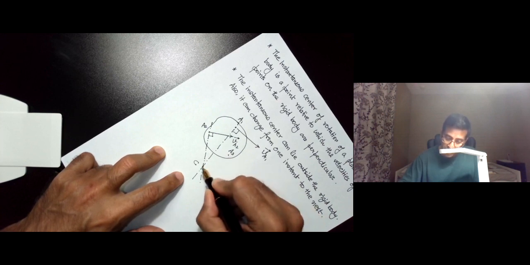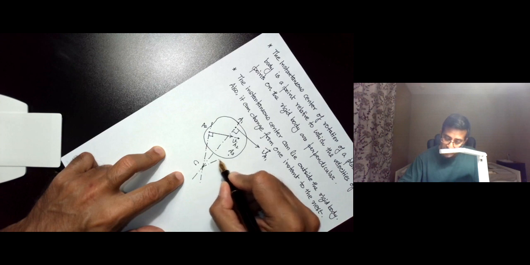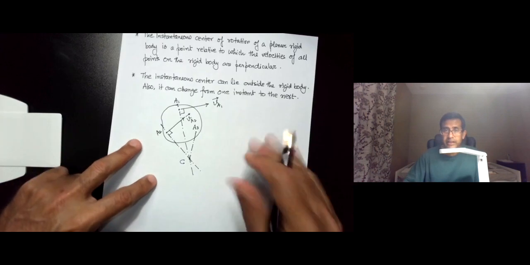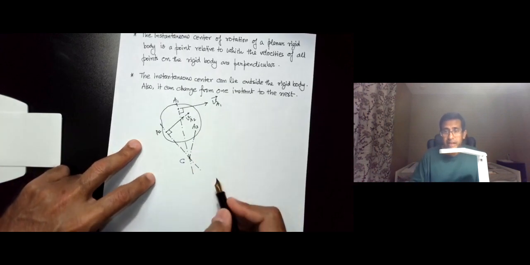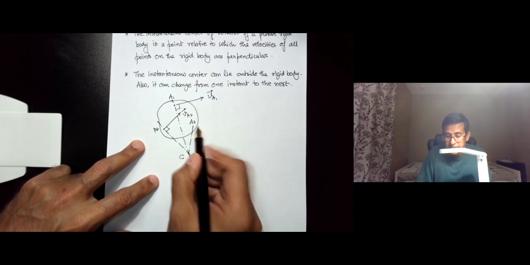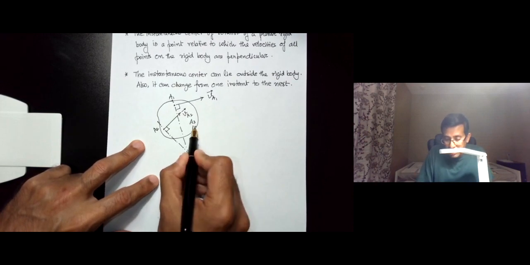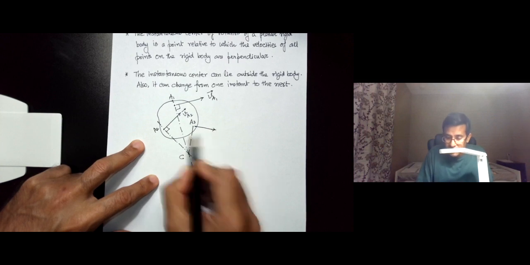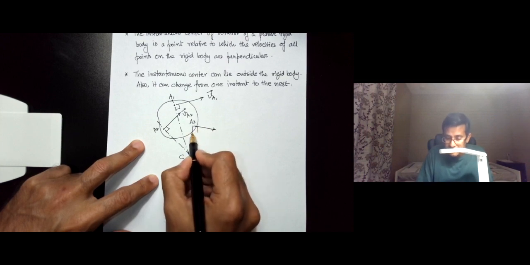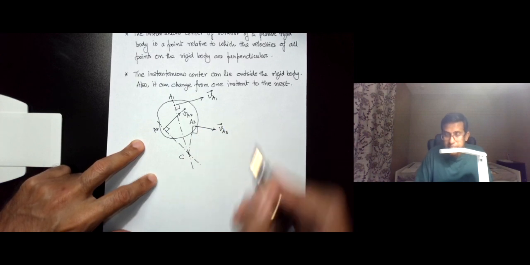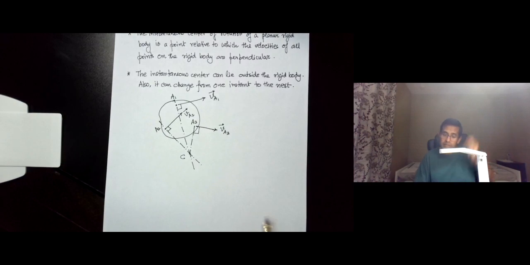So let me draw a line. This is a line that is now connecting C with A3, and I know, using the same principles, that the velocity at A3 is going to be perpendicular to this line. So that is VA3. Right?